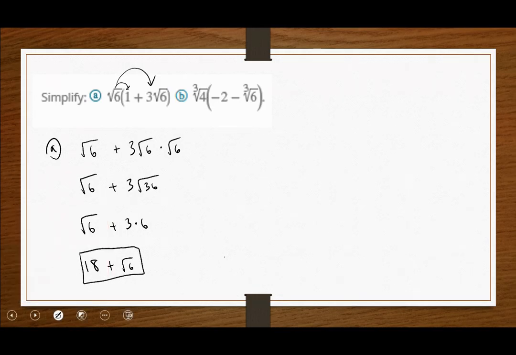One thing I want to point out in this example that shows up quite a bit when we start talking about distribution of this type is that instances where I have a square root multiplied by itself, as in the square root of 6 times the square root of 6, what we produce in doing so is a perfect square term. So imagine, if you will, that I can rewrite this actually as an exponent.